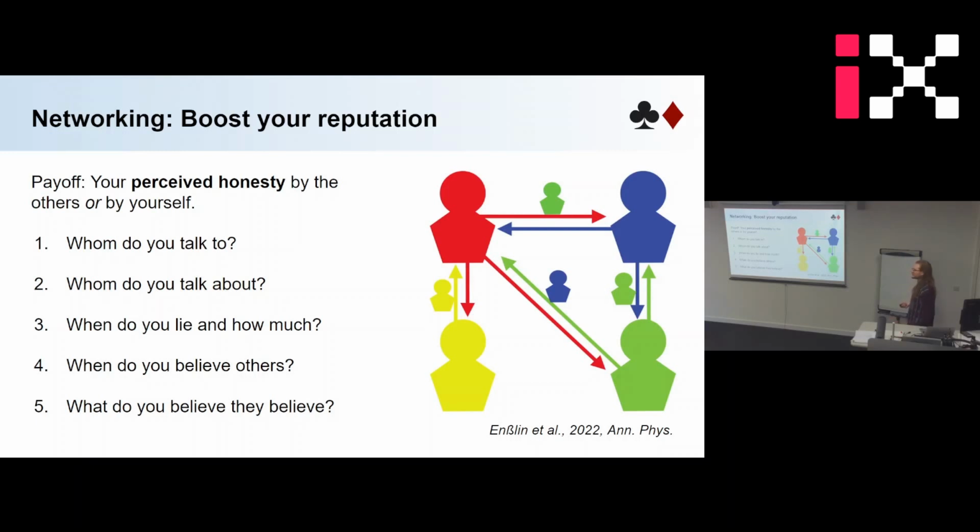Now you know that everybody else is lying, so to some extent, they also tell the truth. Should you believe what the other people say? And in order to make any of these decisions, you need to have a belief of what the other people believe. So if I go around lying about how honest I am, I need to know whether you would probably believe my lie, so I have to boost my lie compared to my belief of your belief in my honesty.